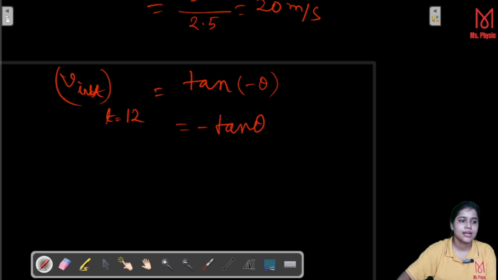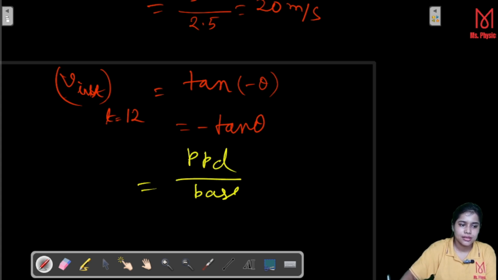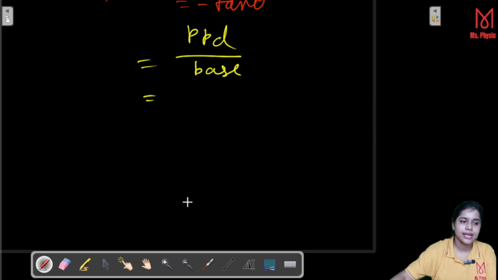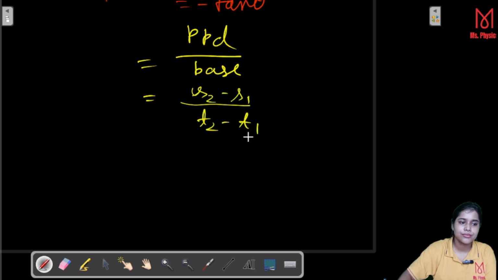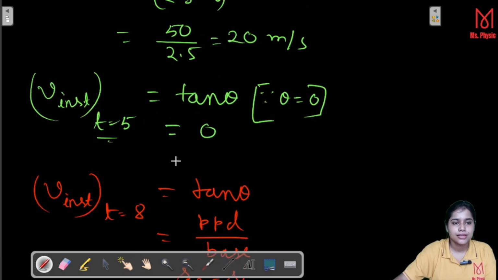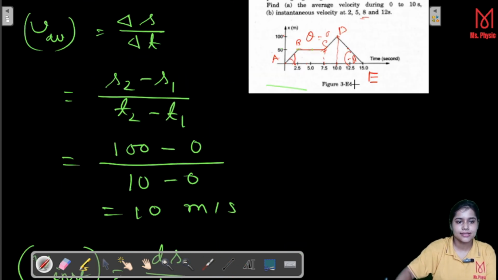Minus tan theta is equal to again perpendicular over base, again the same formula, that is S2 minus S1 over T2 minus T1. So the value of S2 here is 0 and the maximum value is 100.